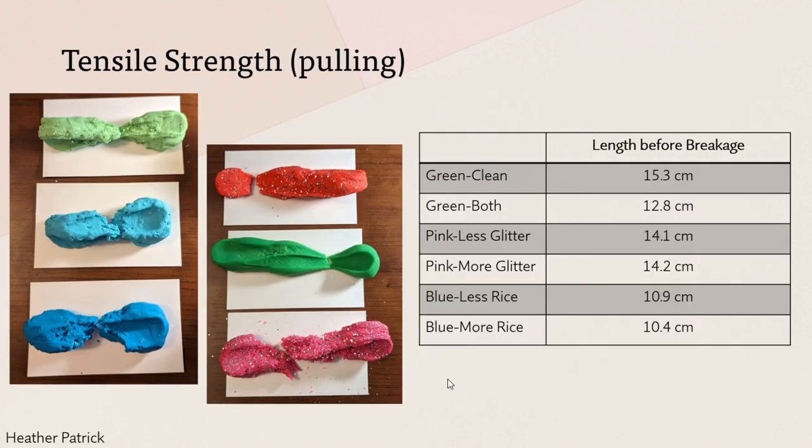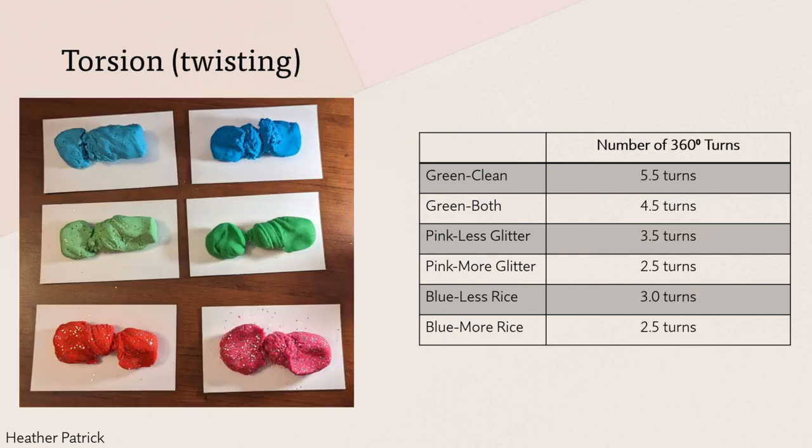After this tensile strength pulling, I realized that the clear one has about 15 centimeters worth of breakage, and our lowest, which was rice, had about 10 centimeters before it broke. It's kind of interesting to also look at how they break, based on the shape of them. So here's twisting.